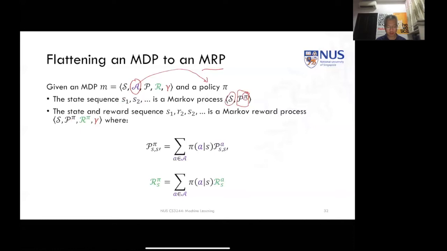The way we define the state transition matrix is going from S to S prime, conditioned on the policy, where we look at all of the different actions we are going to do, defined as the policy, and multiply that against the original state transition matrix with the policy action taken into account.